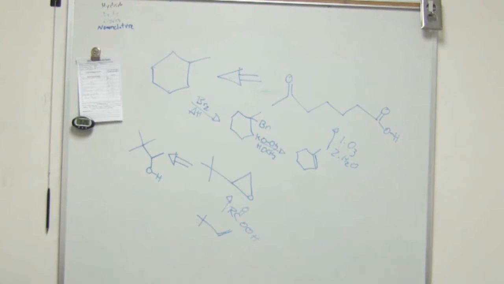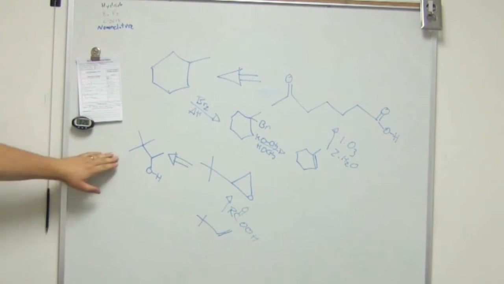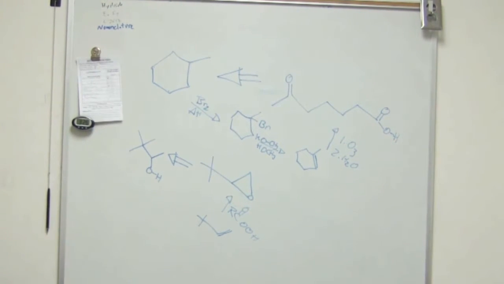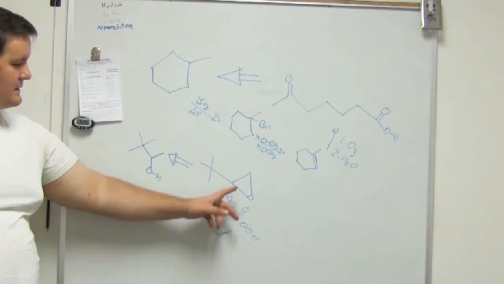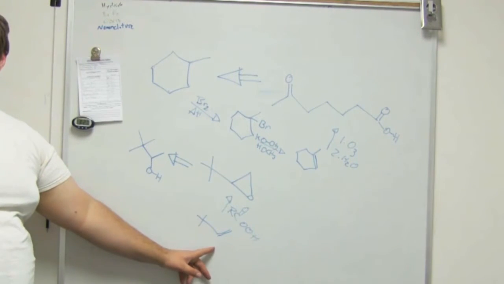So could we use diatomic bromine with water? Oh no, you'd have to already have an alkene first. Okay, never mind. The BH3 THF, that's when you have a double bond, to make alcohol. What's that underneath it? It's not my alkene. Okay, so to get an epoxy, you have to have an alkene.